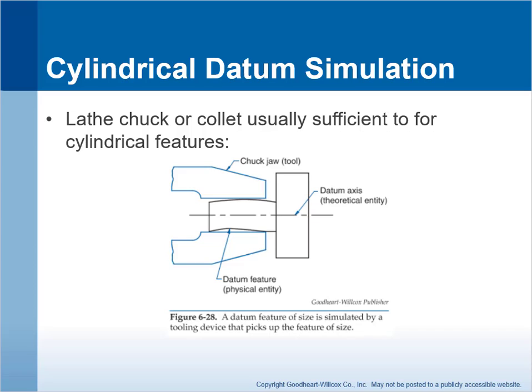Now, if we had a cylindrical datum that we need to simulate, that can be done fairly easily with a lathe chuck or a collet, usually sufficient for all cylindrical features, in which case we could tighten up this collet on this part, and that picks up the center line axis, the derived median line of that datum, and then it could find that center of the part. So a lathe chuck or collet is usually used to simulate datums.